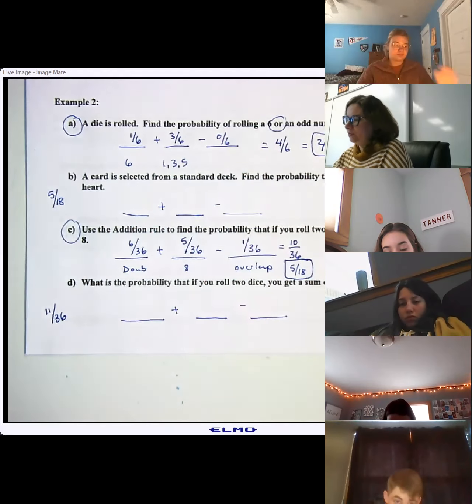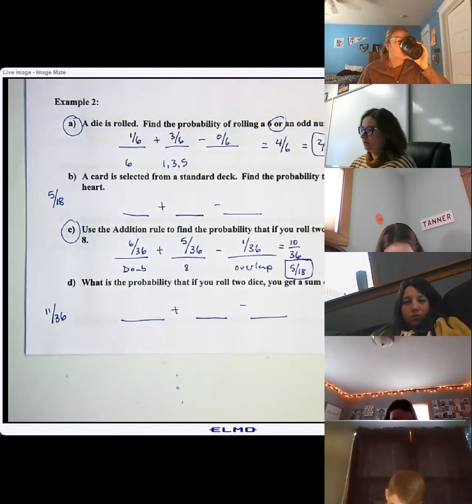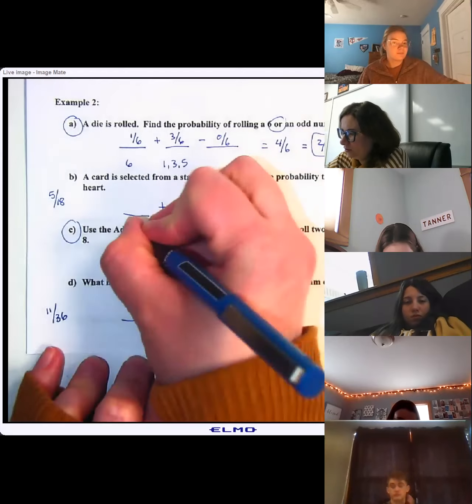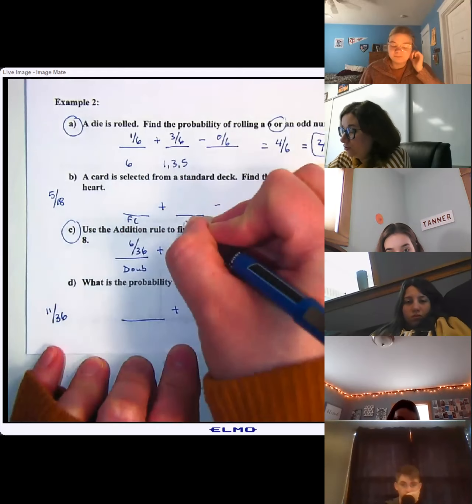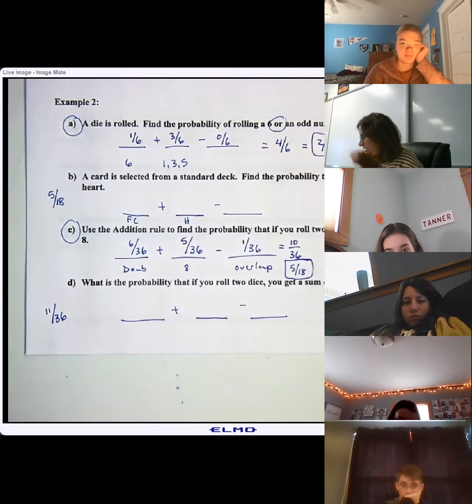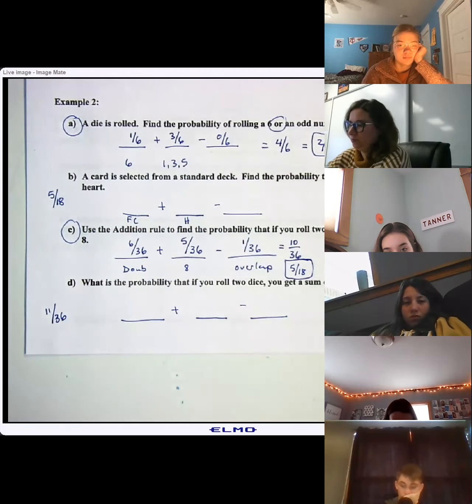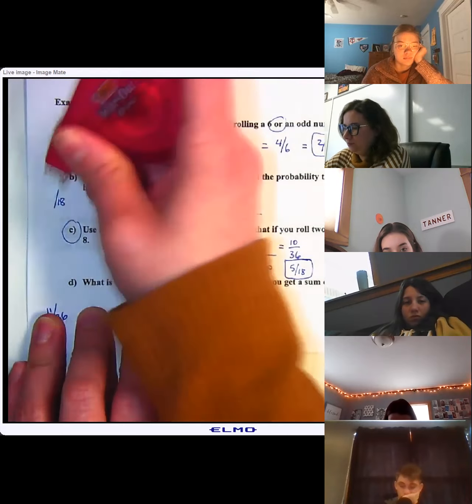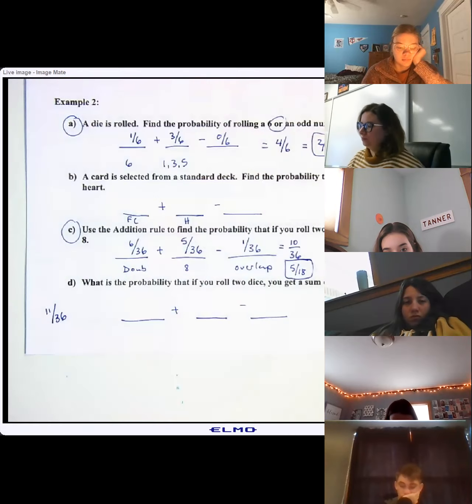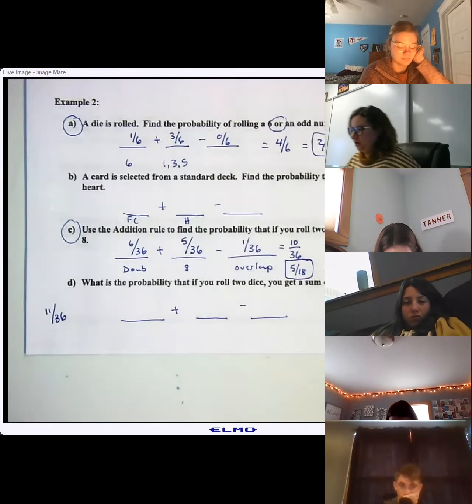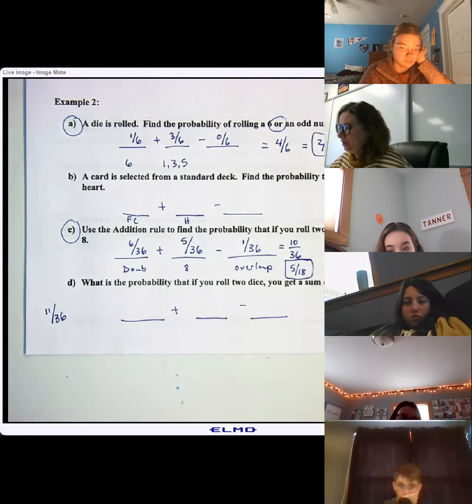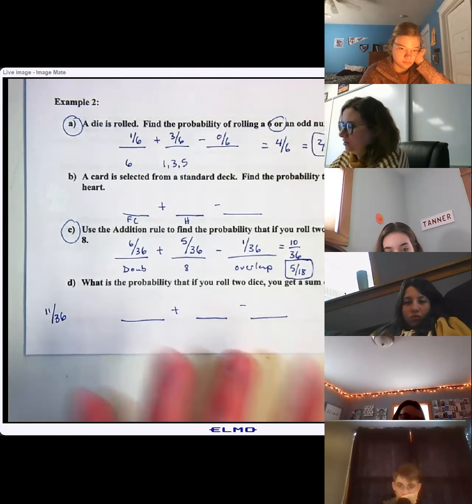So a card is selected from a standard deck. Find the probability that the card is a face card or a heart. Ooh, maybe I got it wrong. I bet I got it wrong, guys. No wonder you're confused. Face card or a heart. Okay, so that would be, let's see, face cards.